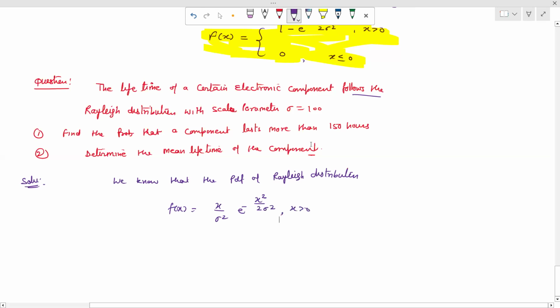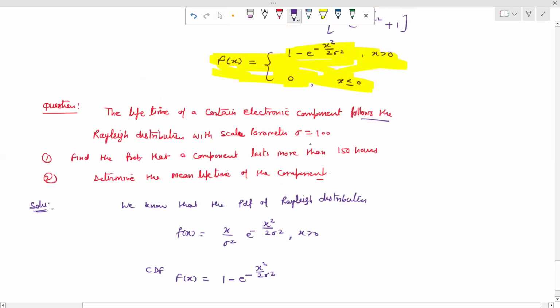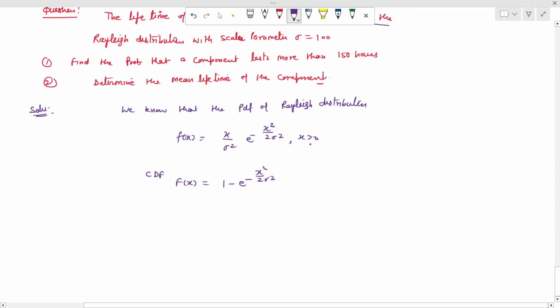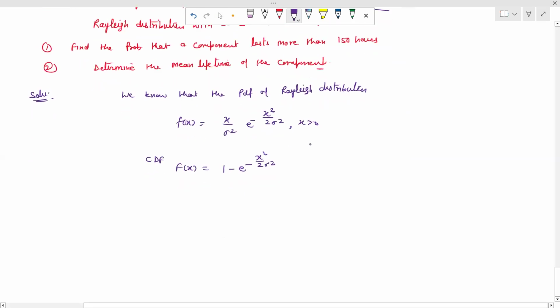And the CDF is F(x) equal to 1 minus e raised to the power minus x square upon 2 sigma square. Now we are going to calculate the first part. Sigma is given as 100.